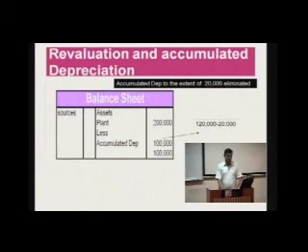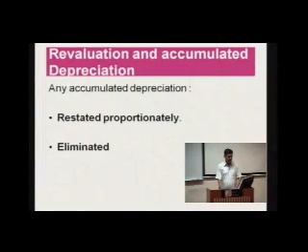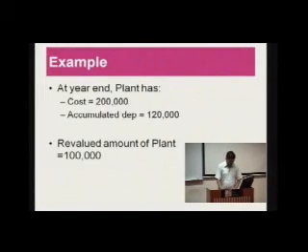So whether I eliminate accumulated depreciation or I make a proportionate adjustment, the value of the asset will be shown as 100,000. So as per IAS 16, the accumulated depreciation can be adjusted either proportionately or removed or eliminated fully.